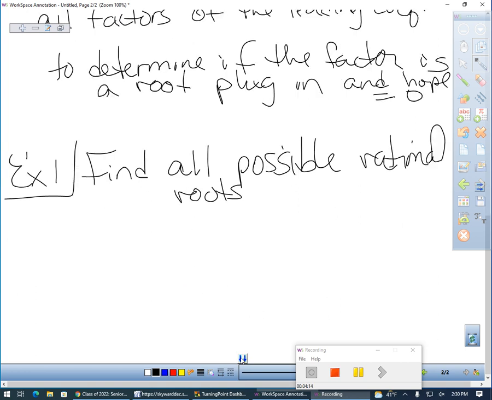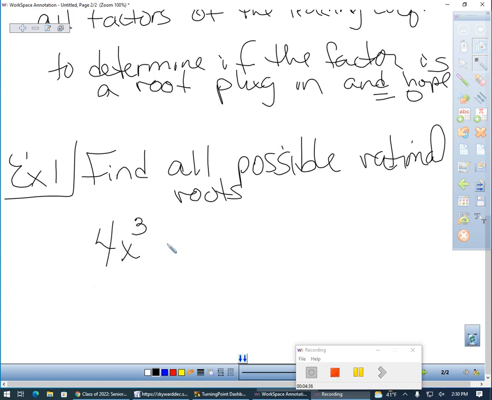So we're not going to plug them in yet. We just want to find the possible ones. Yep. All right. So to find all possible ones, if our polynomial, let's say, looks like this.